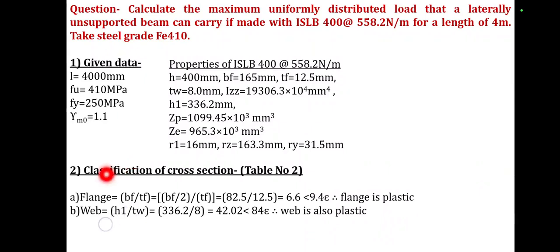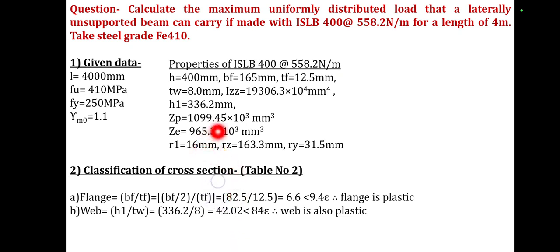Then we have to classify the section, which is our step number 2, and from table number 2 of IS 800:2000 we need to classify the section. The first criterion is the flange criterion, which is equal to B upon TF. As our section is a beam section, we take BF by 2 divided by TF.